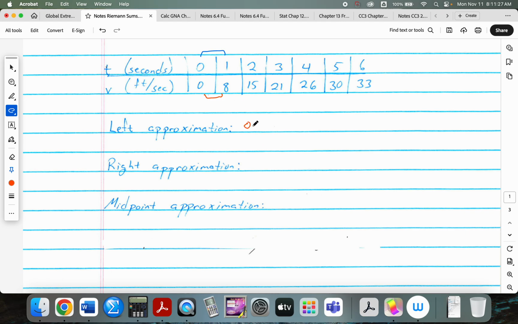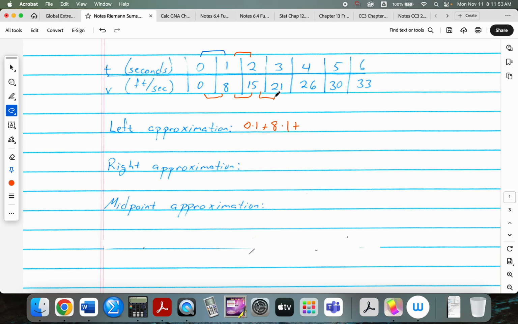So that's going to be 0 times 1. Plus, on the next subinterval, again using the left hand, we'll assume that it's traveling at 8 feet per second, times, again, 1 second. And I make sure that I multiply every time, because they're not always going to be equal width.